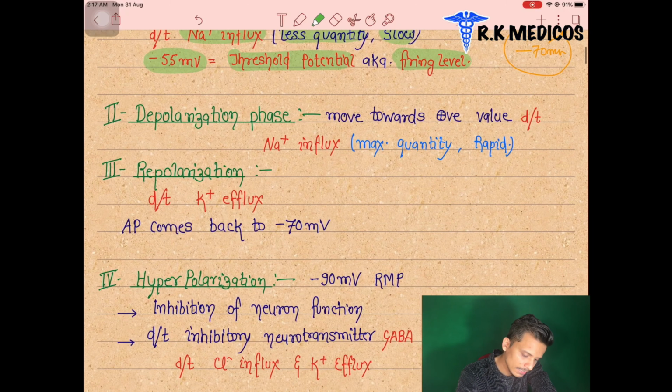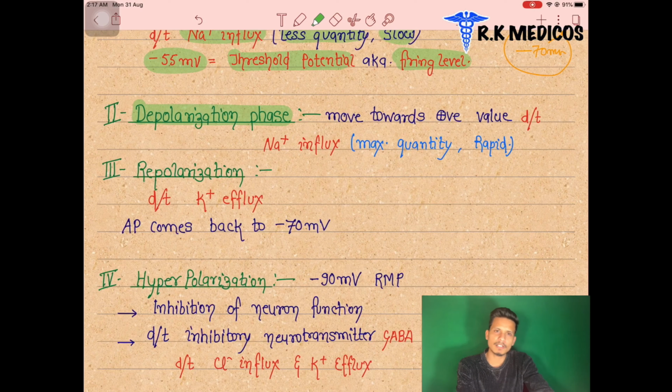Now, in the second phase, the depolarizing phase will start. It means after attaining minus 55 millivolt, the positive charges coming inside the cell change the potential inside the cell, moving it towards the positive value.